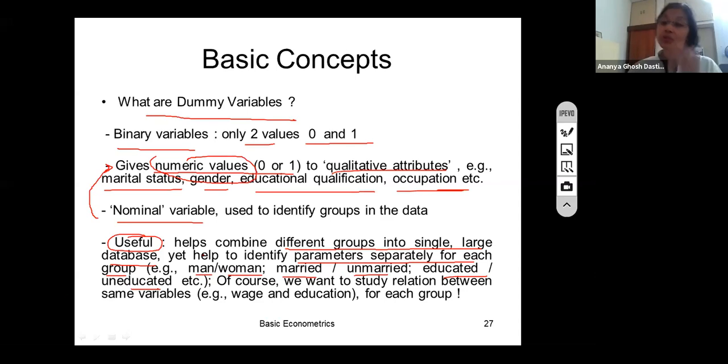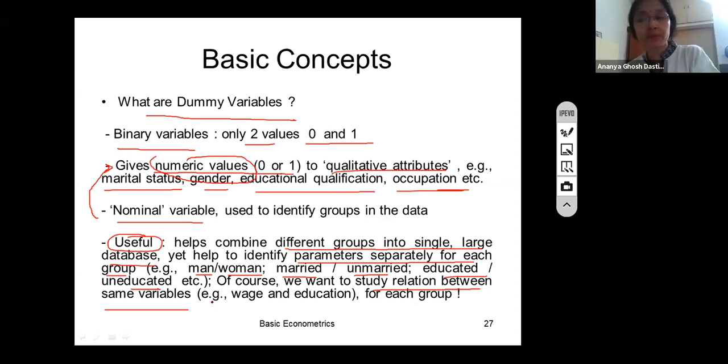Okay. So this is when we want to study the same relation. Suppose I want to look at the relation between wage and education, and I have men and women, married and unmarried. So I actually have many groups. I have unmarried men and married men, and unmarried women and married women.